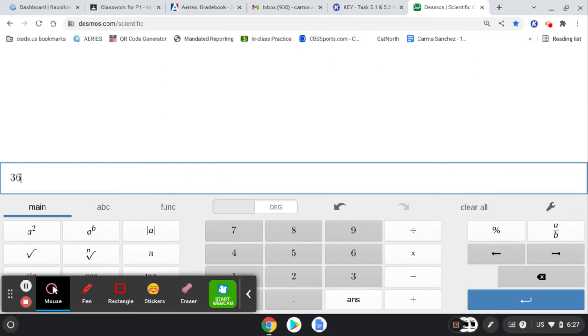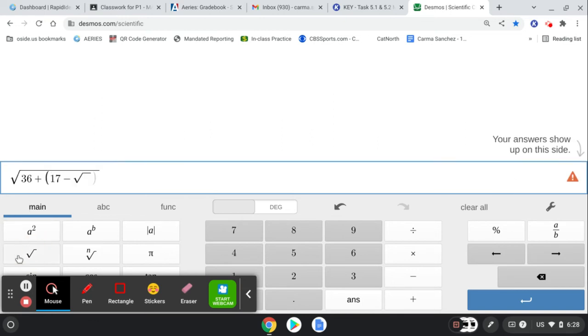We've got 36 plus, actually, sorry, let's make it the square root of 36 plus 17 minus root 160, squared.